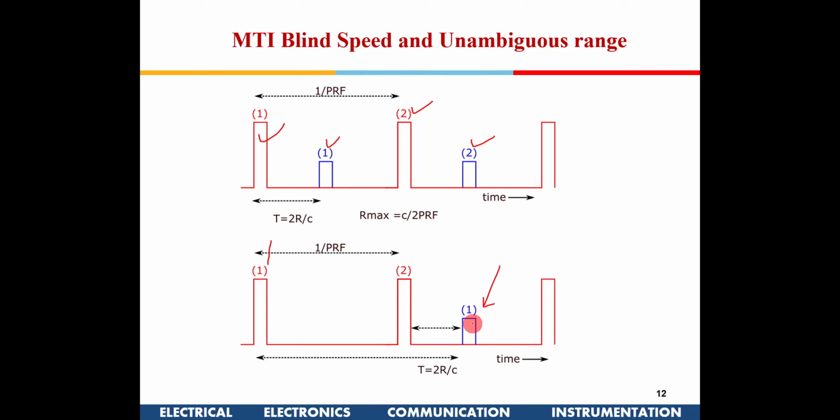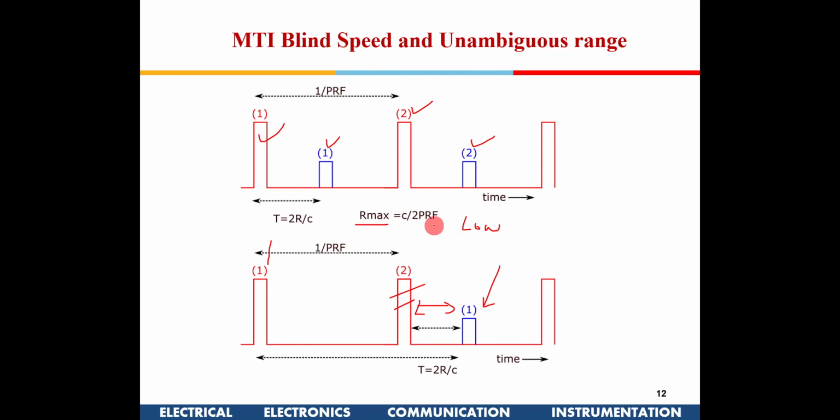So it will be computed wrongly, and this distance will be computed. So for large range, what do I have to do? I have to have this pulse coming somewhere here, right? So for max range, I should have a low PRF, right?